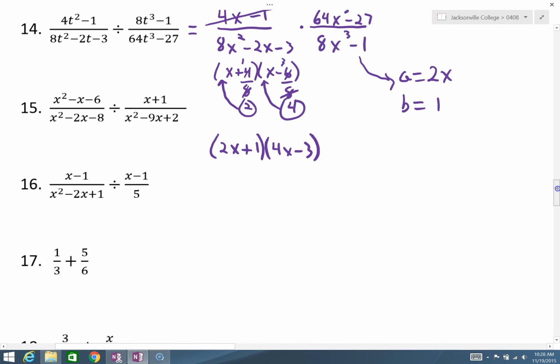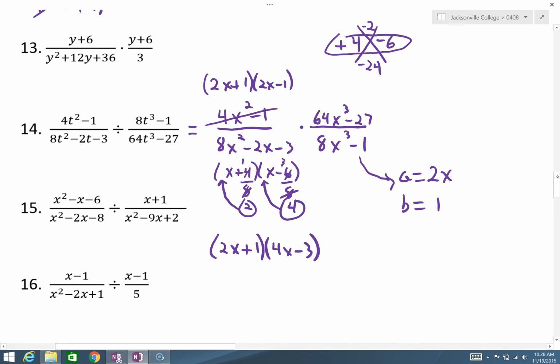So this part here is equal to a minus b, 2x minus 1, a squared, 2x quantity squared is 4x squared, plus a times b, 2x times 1 is plus 2x. Lastly, plus b squared, that's plus 1.